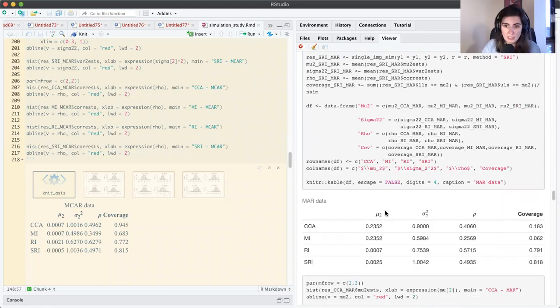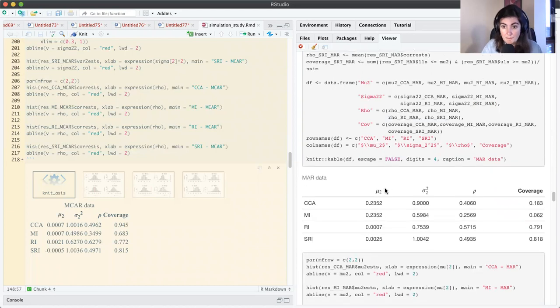Now let us look at the results. For mu2, the Monte Carlo mean, or the mean across the 1000 estimates that we have, for complete case analysis, remember that the true value is 0.24, so it's biased. Mean imputation, again, and here it's not a surprise that they are the same, right? We have seen that the mean with mean imputation is equal to the complete case analysis.